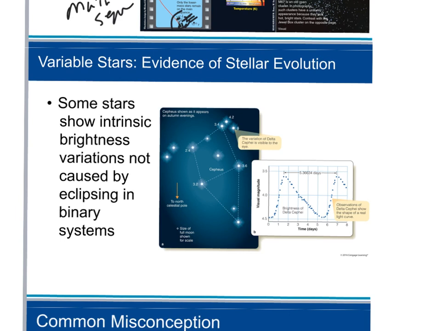Actually, they just have variations in their brightness, and you can measure that, and as the brightness gets dimmer and dimmer, or brighter and brighter, you can tell where it is on that Hertzsprung-Russell diagram. You can pretty much put it somewhere on that spectrum.